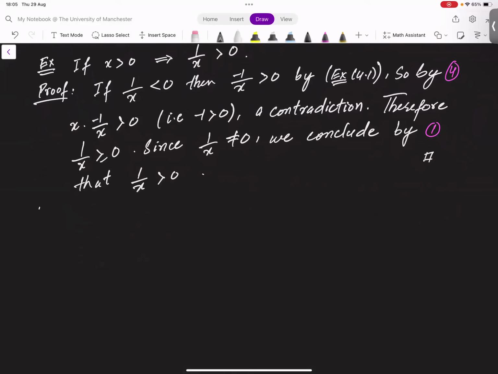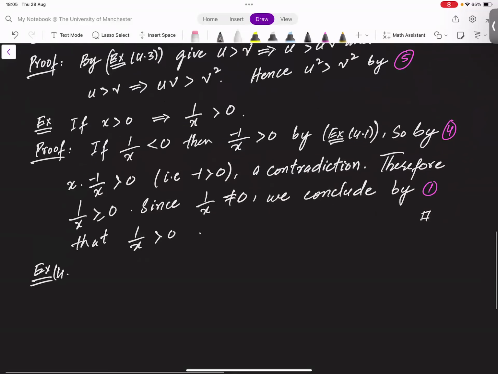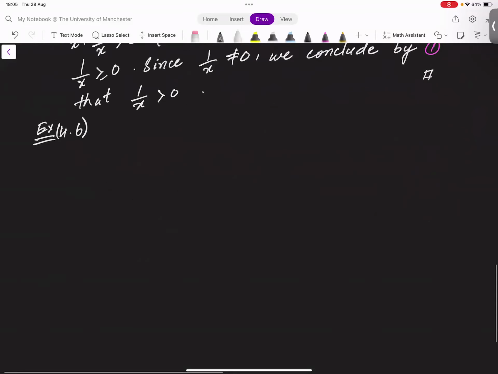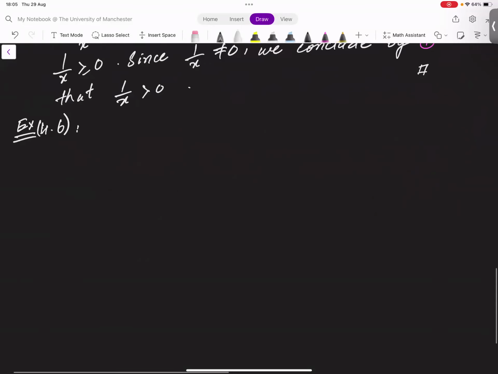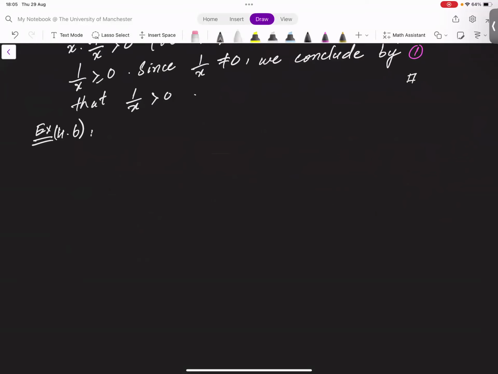So we have another one, which is 4.4. This is 4.5. This is 4.6. Let x1, x2 to xn be real numbers.